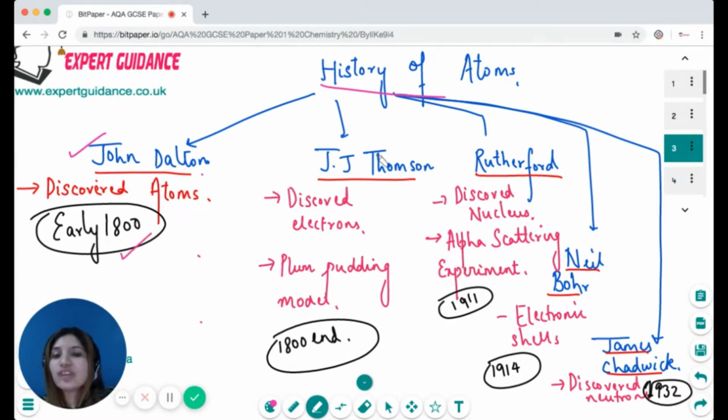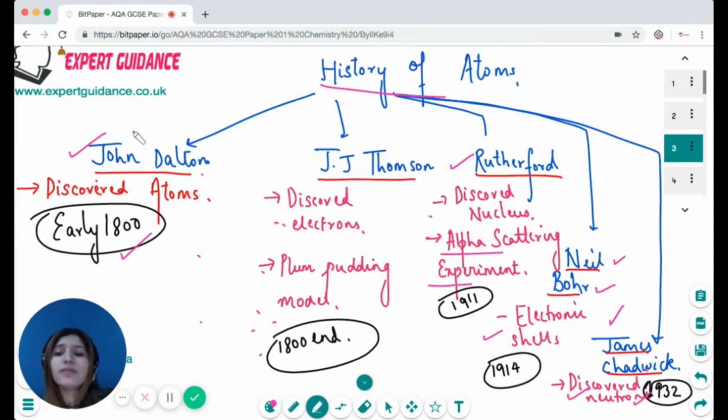Then came J.J. Thomson, who discovered electrons after Dalton, and he gave the plum pudding model of the atomic structure. Then after J.J. Thomson came Rutherford. He discovered the nucleus by the alpha scattering experiment, and then came Niels Bohr, who gave the idea of electronic shells in 1940, and then finally came James Chadwick, who discovered the neutrons in 1932.